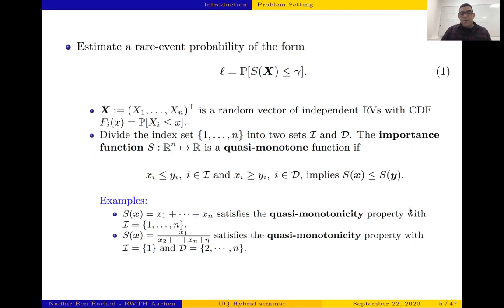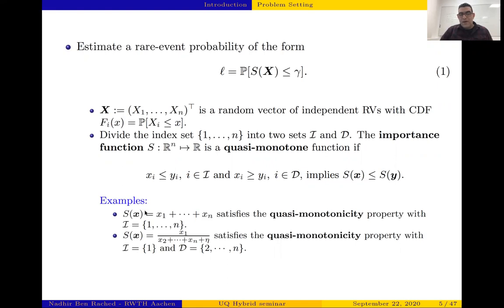So we divide the index set 1 to n into two sets, I and D. And the importance function S is called quasi-monotone if, when x_i is less than y_i for i in the index set I, and x_i is bigger than y_i for i in the index set D, then this implies that S of x is less than S of y. There are many examples that satisfy the quasi-monotonicity.